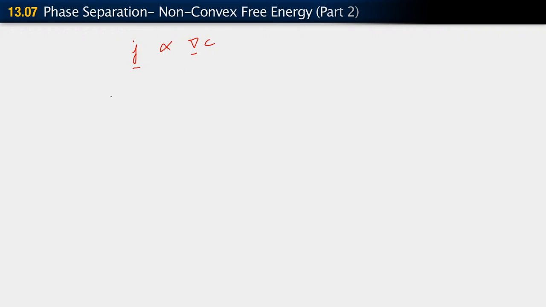This last result that I've written becomes clearer if you consider the mobility tensor M to be just some scalar value M times the isotropic tensor. This is a special case of mobility, where the material has equal mobility in all directions, where it is isotropic.